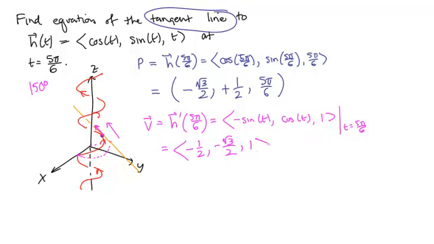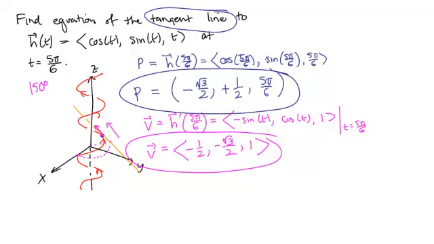And 1. So now that I know the vector that's parallel to the line, and I know a point on the line, I could write down any one of the different kinds of equations for a line we've got. For example, if we want to write the parametric equations, x, y, z equals x naught, y naught, z naught, so negative root 3 over 2, 1 over 2, 5 pi over 6, and then we'll add our tangent vector, negative 1/2, negative root 3 over 2, and 1, and then we'll multiply those by t.